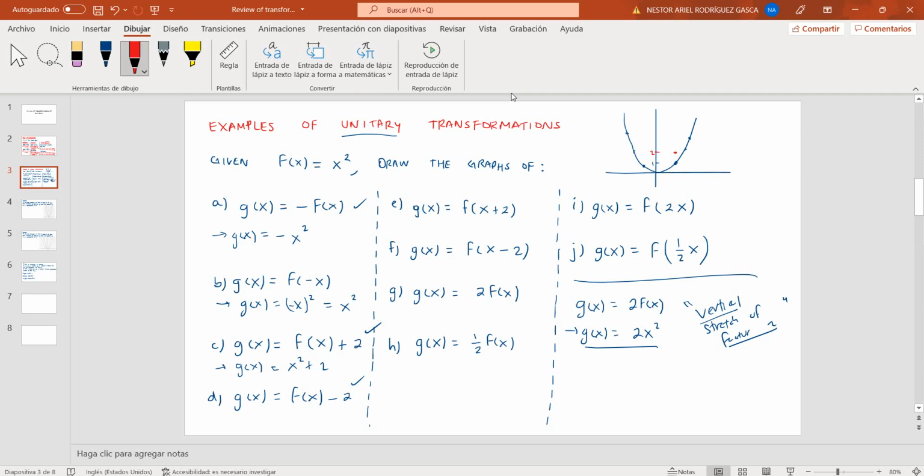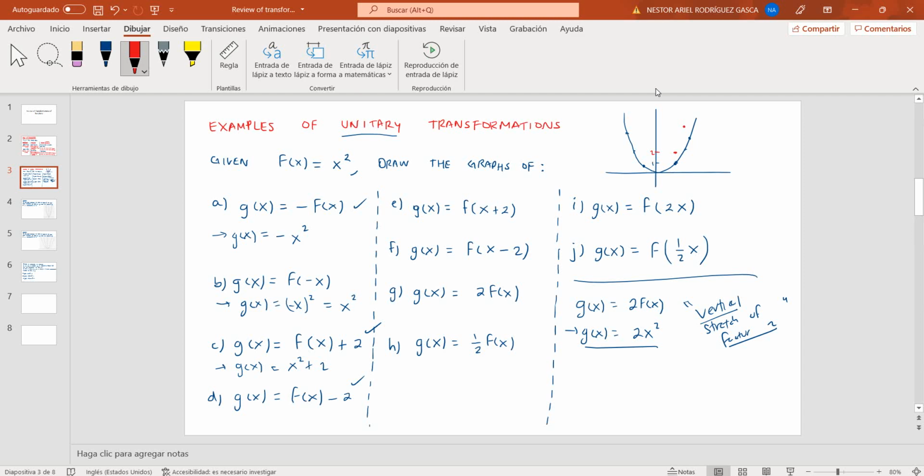You see? And the same for this point. Only the y coordinate of this point will be multiplied by 2. And visually speaking, this point will be moved upwards in such a way that the distance from the axis to the red point is going to be twice that distance. This distance from the red point to the x-axis is twice the distance from the blue point to the axis.